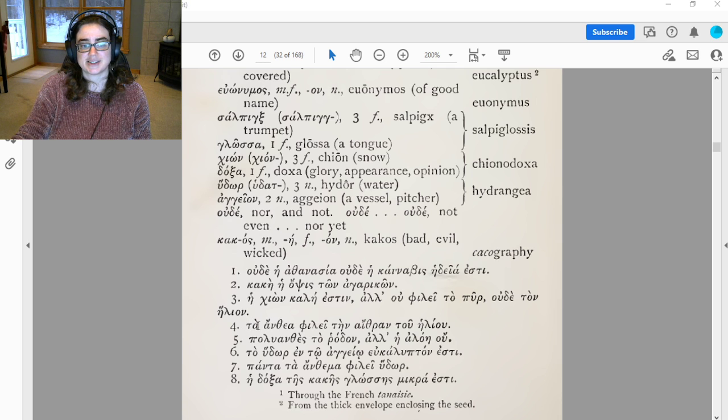The subject ta is plural. So normally that would be very sad to have a plural subject with a singular verb. But again, ta anthea is neuter plural, and neuters don't need a plural verb. Neuters just take a singular verb because.